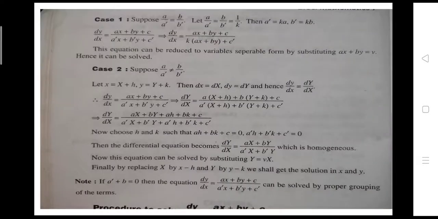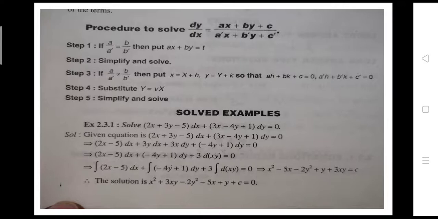Note 1: if a' plus b is 0, then the equation dy by dx is solved by grouping the terms. Similarly we can do this problem by grouping: (2x - 5) dx + (-4y + 1) dy + 3 d(xy) = 0. 3y dx + 3x dy can be written as 3 into the derivative of xy.